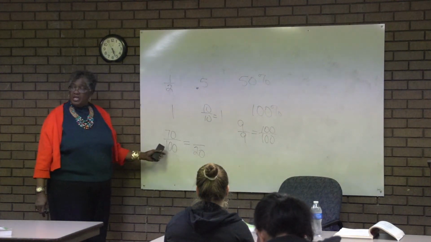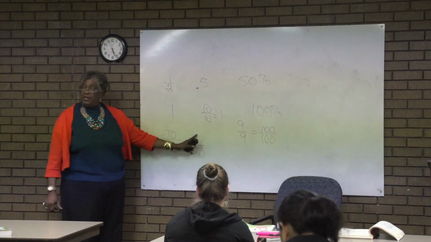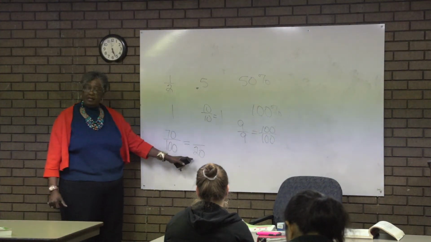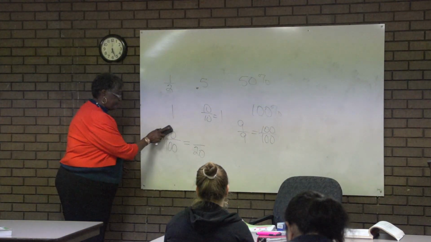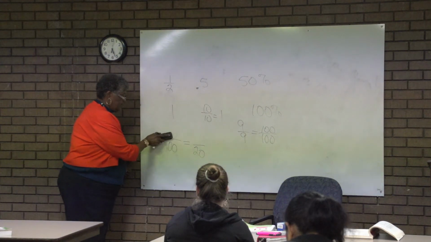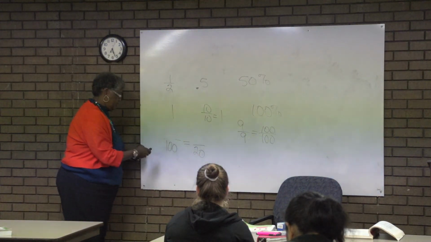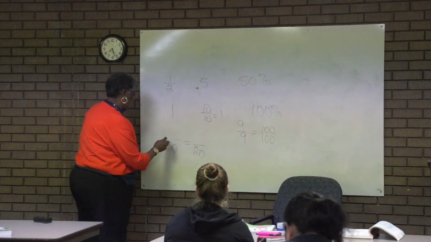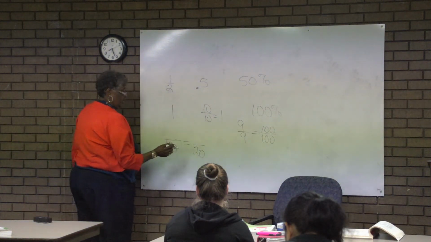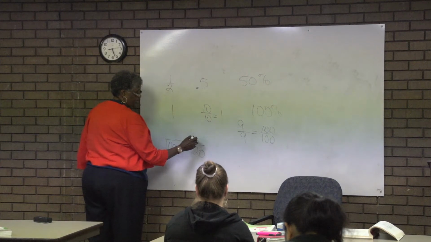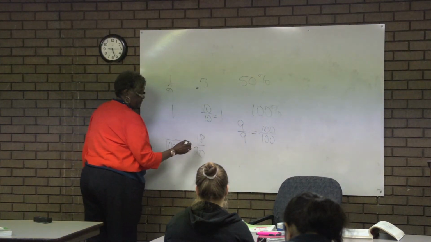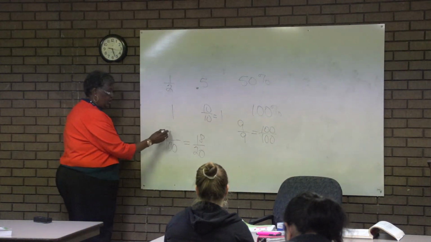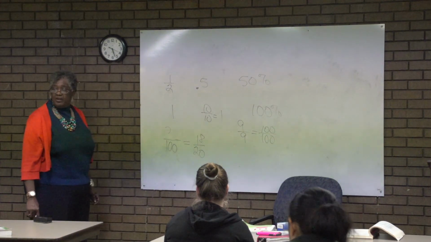he got 70%, and they want to know how many did he get right, if there were 20. Or they might tell you he got 18 right, and they may ask you, how many out of 100 would that be?